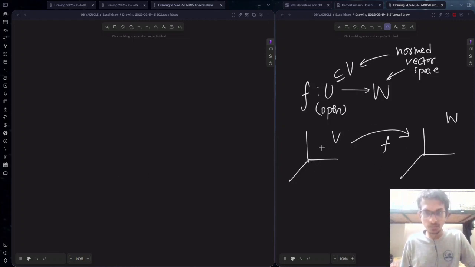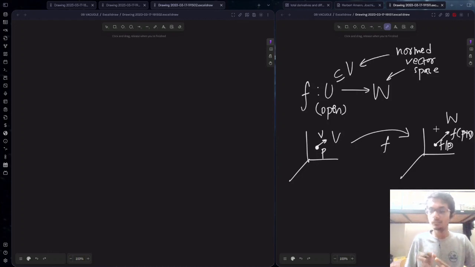What I can do is go to a point here, call it P, and go in the V direction and try to take the directional derivative in that direction. So I will compute f of p, and there will be some f of p plus v, and the limiting condition of v tending to 0 will be our directional derivative.